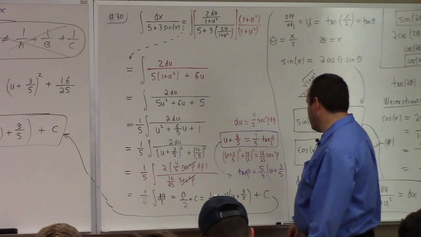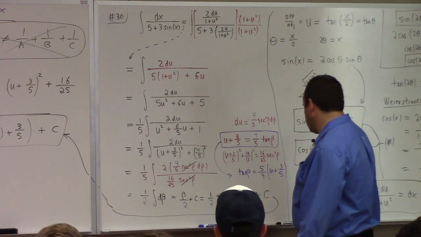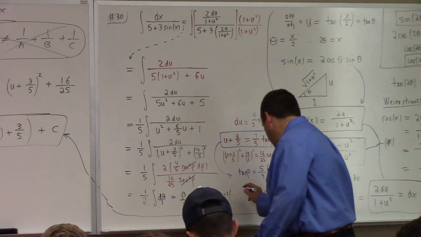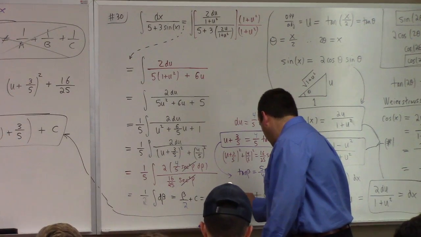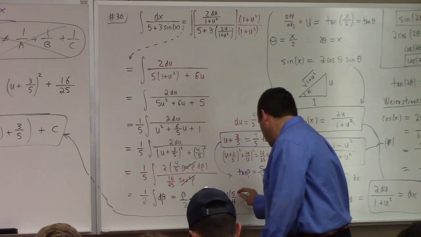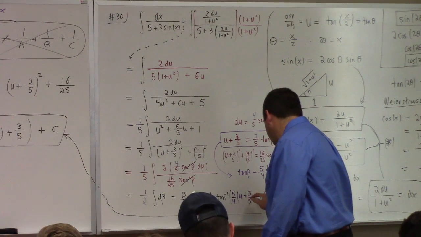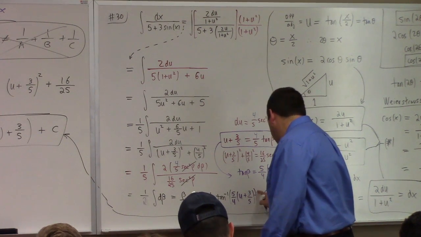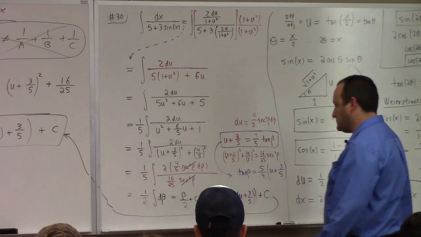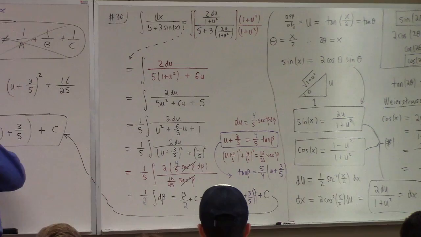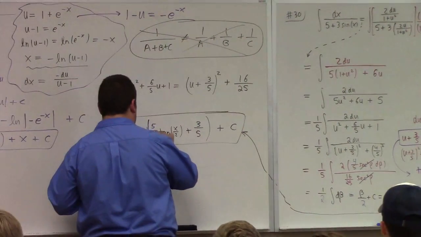I should have taken the inverse tangent of 5/4 of u plus 3/5. Of course, you can multiply that through and rewrite it a little bit differently. That's also over here, of course. There's a 5/4 here that I was neglecting.